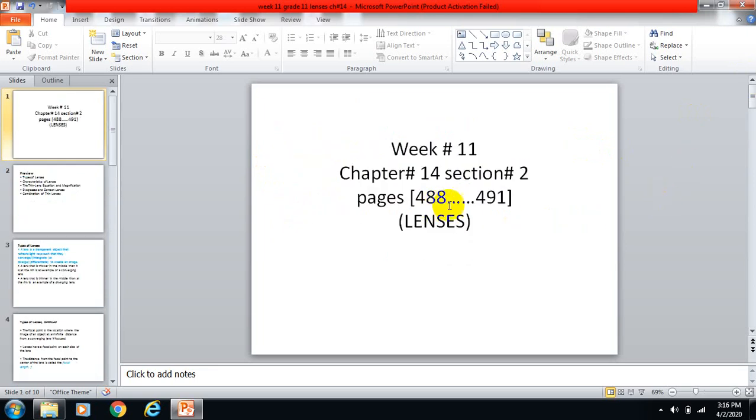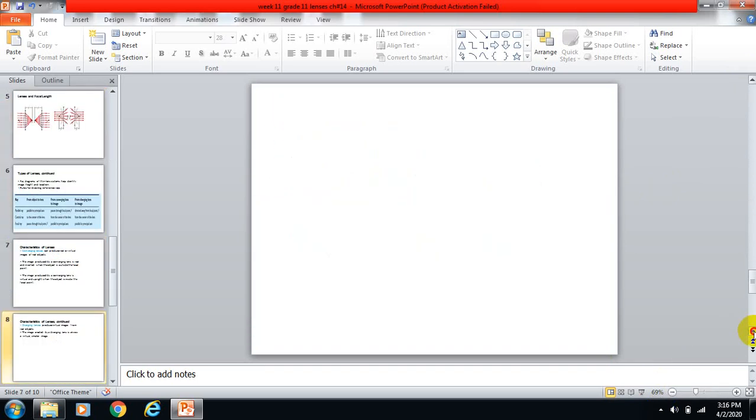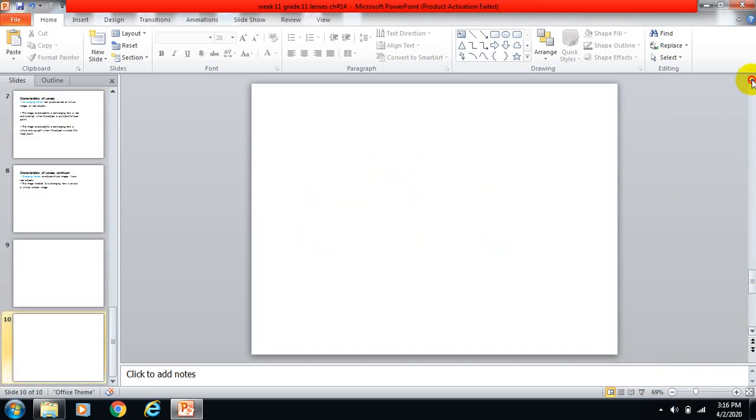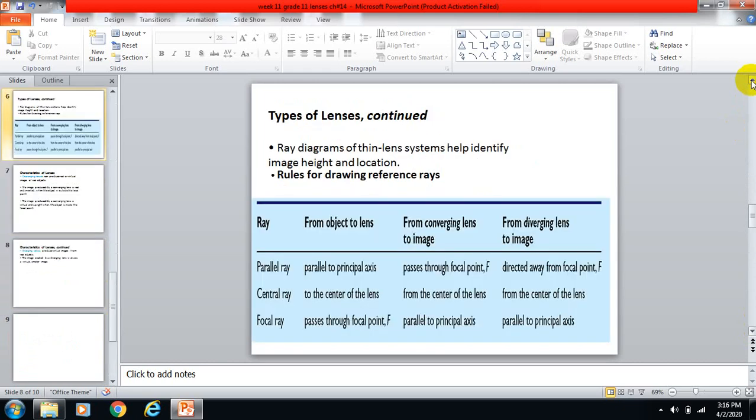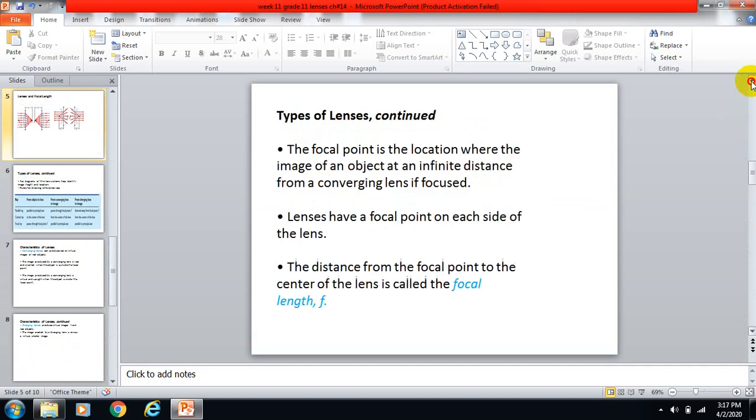We have just a few pages to cover, 488 to 491. Related to the structures, you need to follow the book. Inshallah, I will send you the solutions for these two sections of chapter 14, after finishing week 12, inshallah.